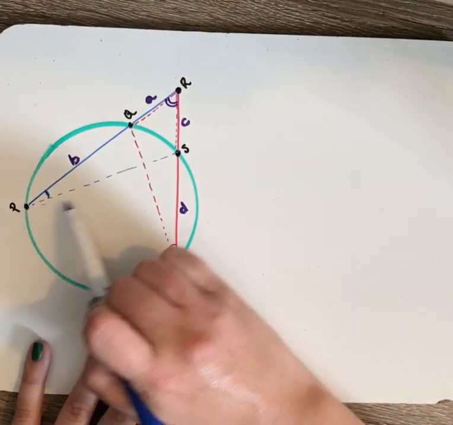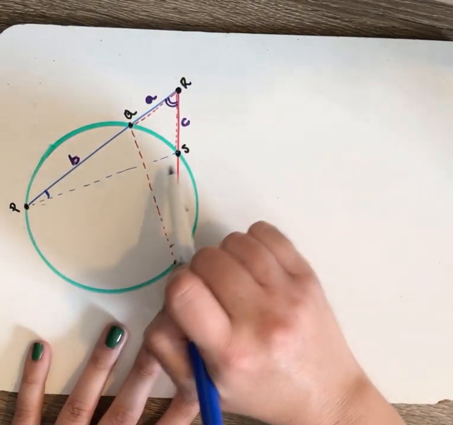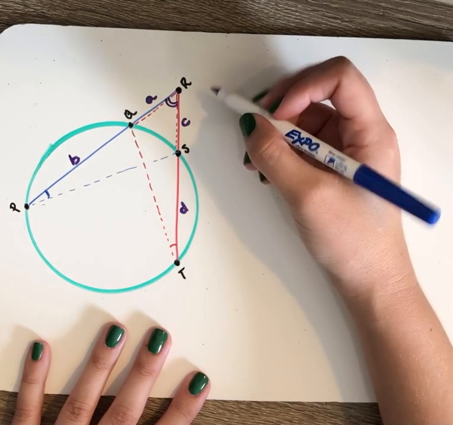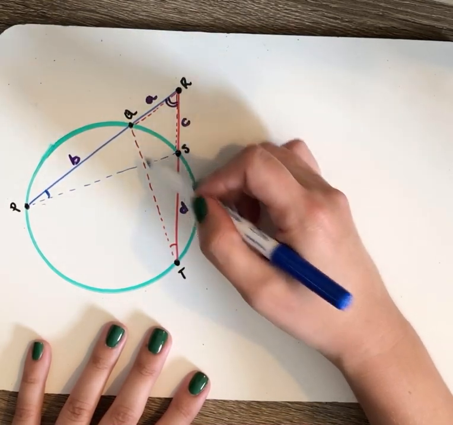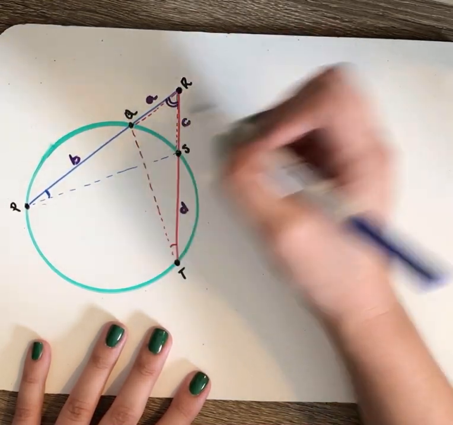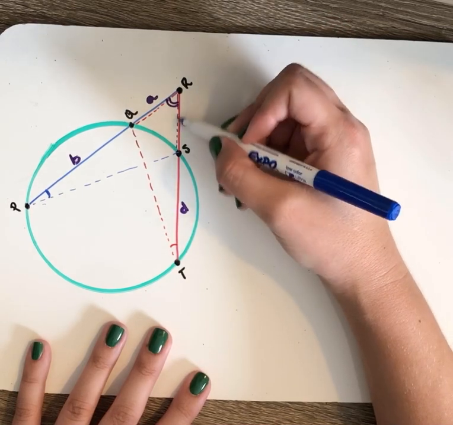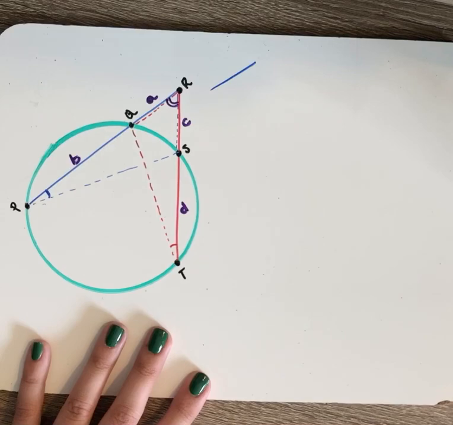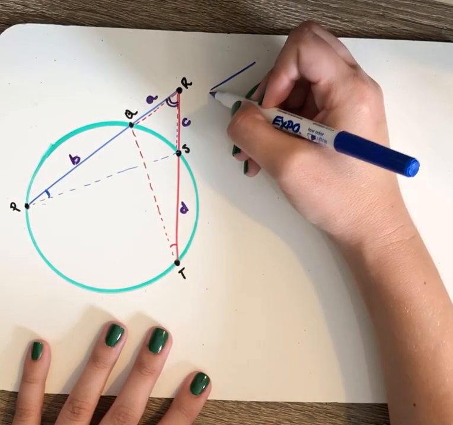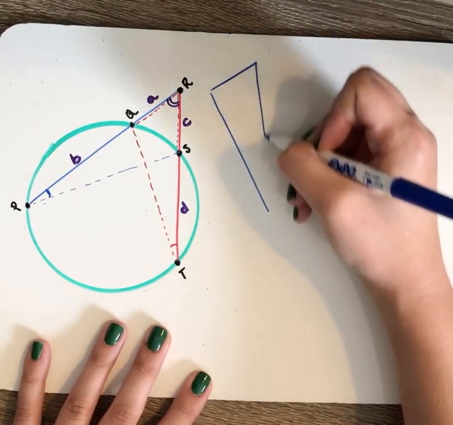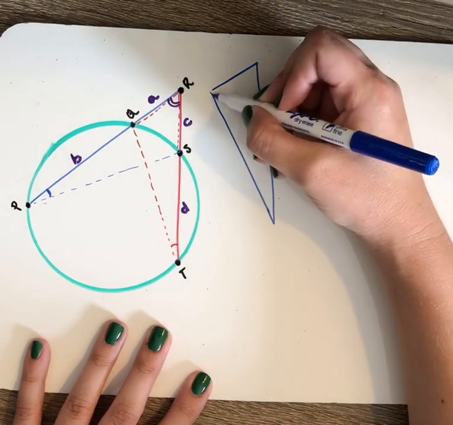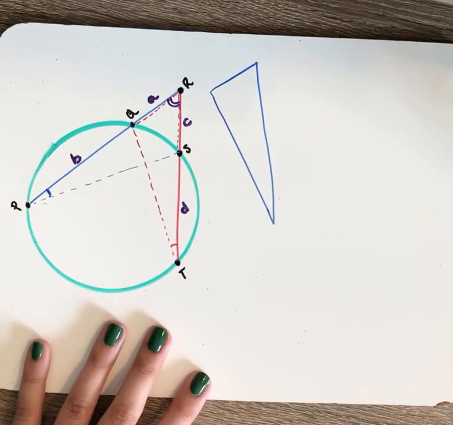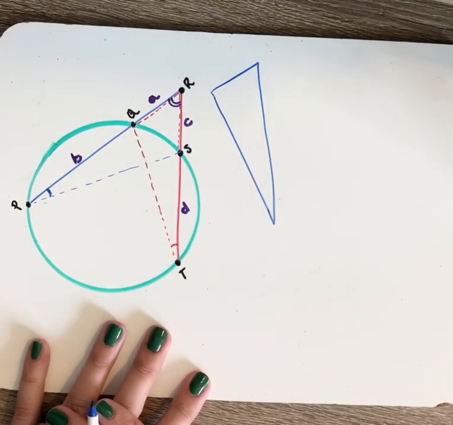So I'm going to redraw triangle PRS over here so that it looks kind of the same as the red triangle. So just flipping it around, I'm moving RS over here. And then we'll do these two sides here. So I'm just redrawing it kind of flipped over so that I can more easily see what the corresponding pieces are.